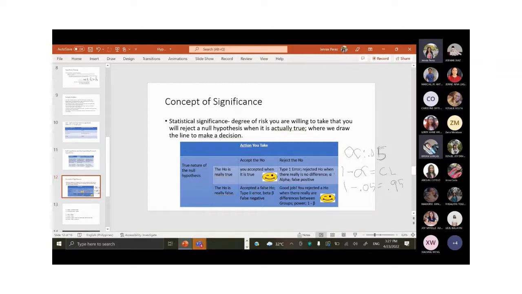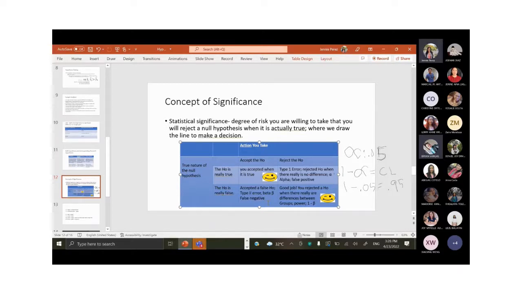Okay, now, when the null hypothesis is really false, okay, doon sa taas, the null hypothesis is really true. But now, what if the null hypothesis is really false? And you accepted a false hypothesis. Dito sa quadrant na to. Ito dito sa cell na to. You accepted a false null hypothesis.